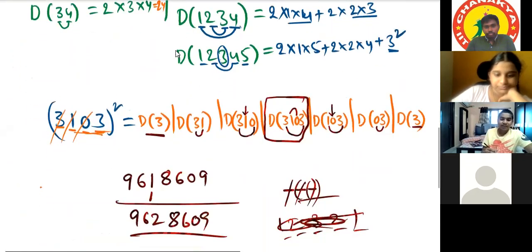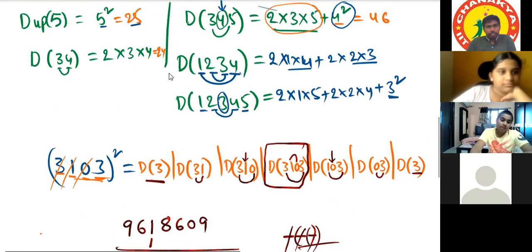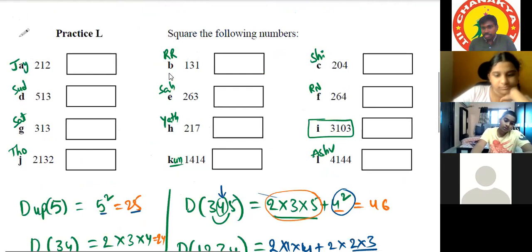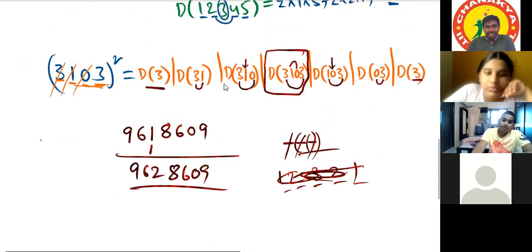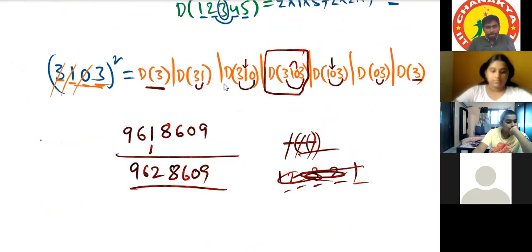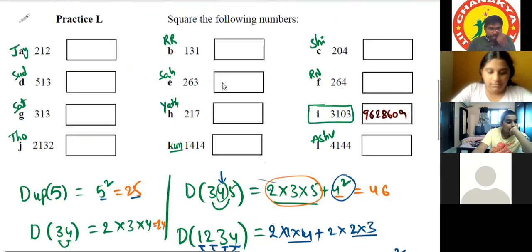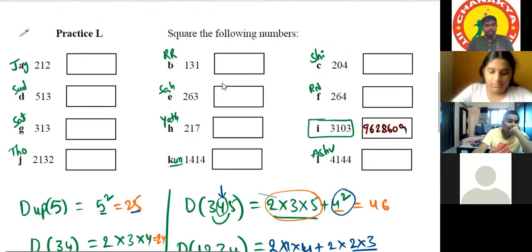Sir, I completed. 9628609. Sir, I got the answer for the first one. Sir, can you show? Once I'll take a screenshot. Okay, take it. 1 minute. Fast. Sir, can I start? Ready? Yes, sir. Proceed.